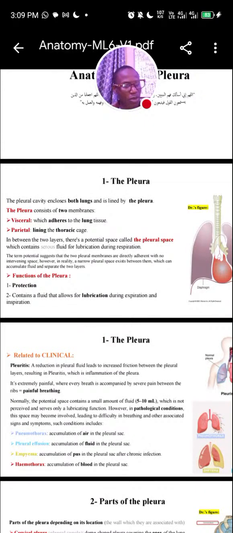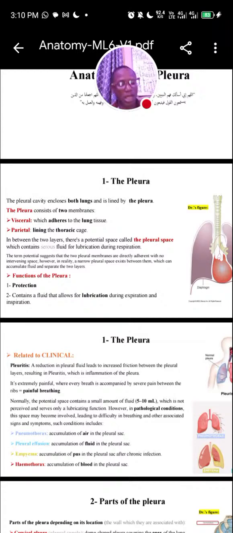So we are talking about something new now, and that is the pleura. We've said that the pleura is a membrane that lines the lungs. And we say the pleural cavity is enclosed by the two lungs and the pleura.